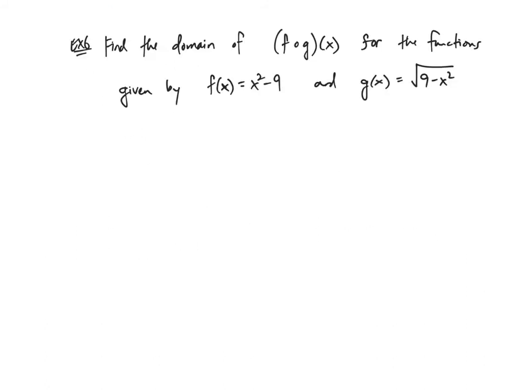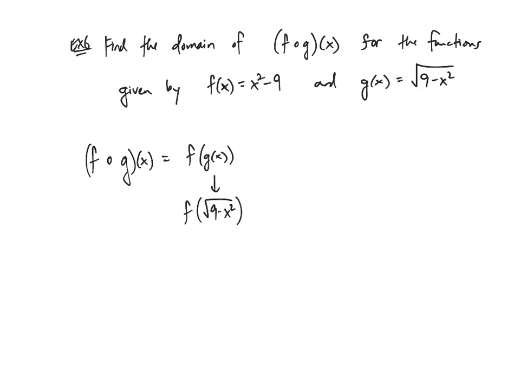Okay, let's look at this last example together. They want you to find the domain of f of g, and these are the two functions they give you. A lot of times what you'll do here is you'll start by first finding out what is f of g. So f of g is f of g of x. g of x, of course, is radical 9 minus x squared.